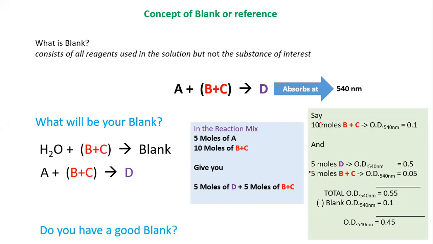So how many remaining B plus C unreacted? 95 moles, right? And if 100 moles give you an absorption of 0.1, what will be the absorption given by 95 moles?